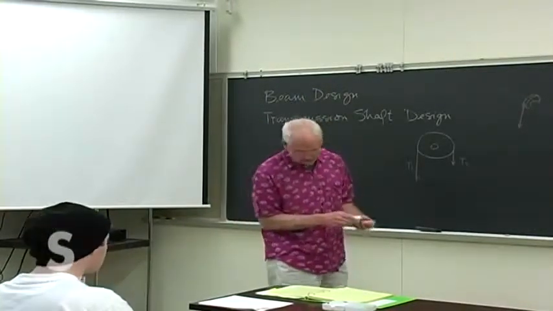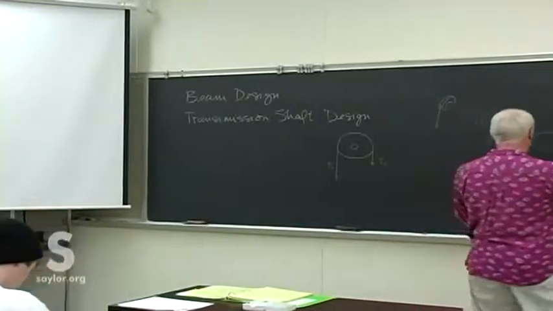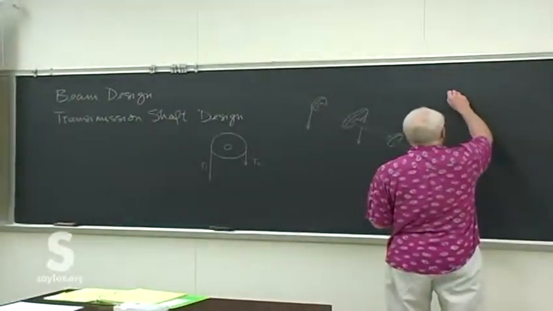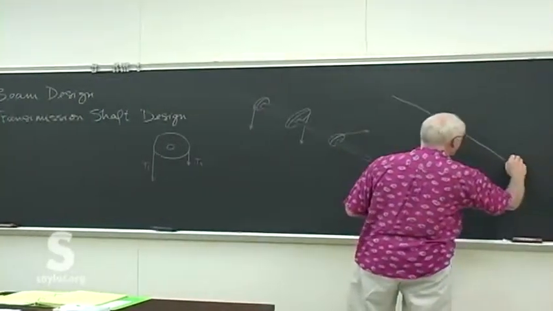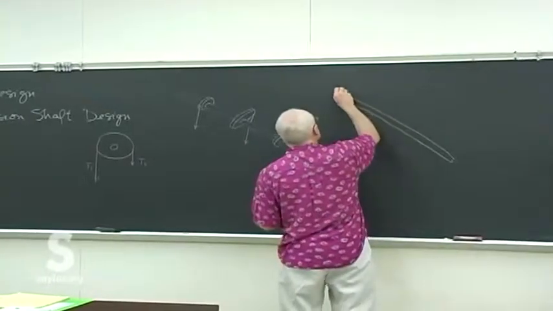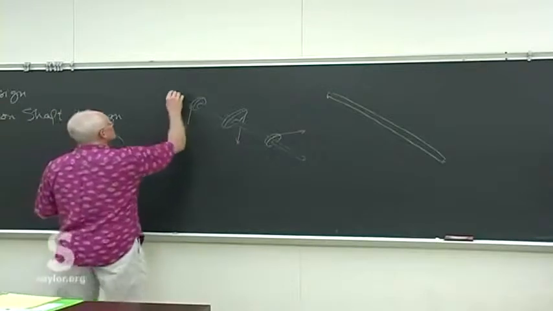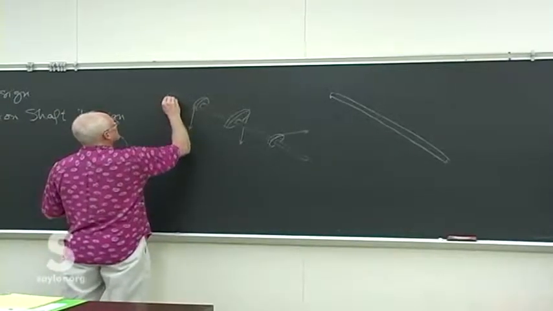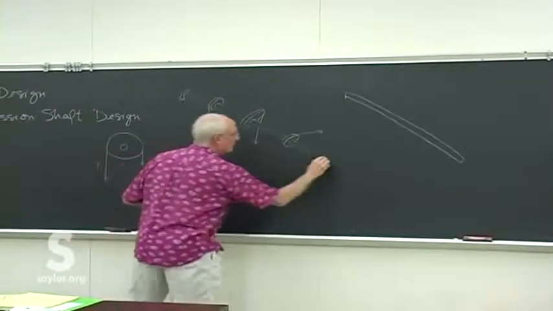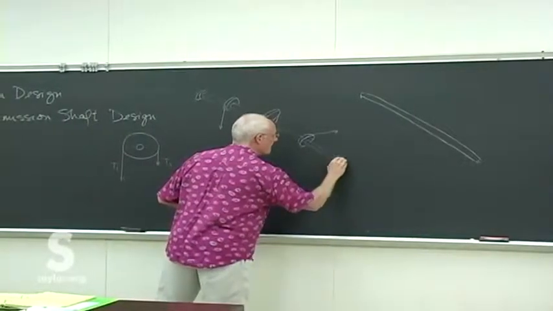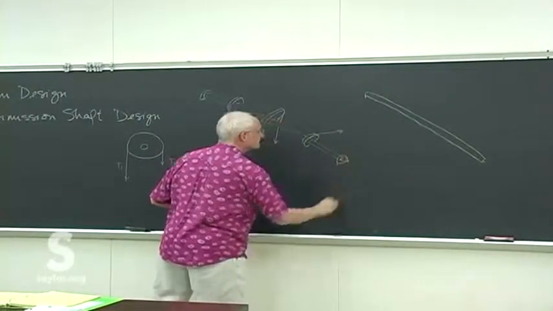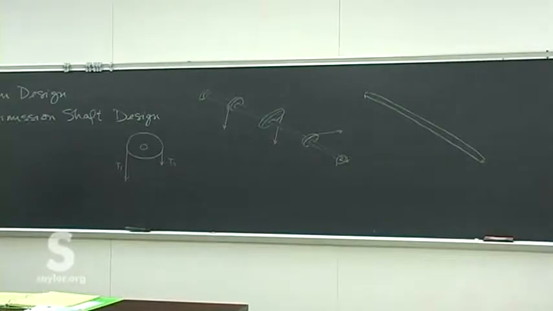So we'll then take this beam, this transmission shaft, and don't forget, of course, there's some kind of bearing that's stabilizing this, allowing it to spin.